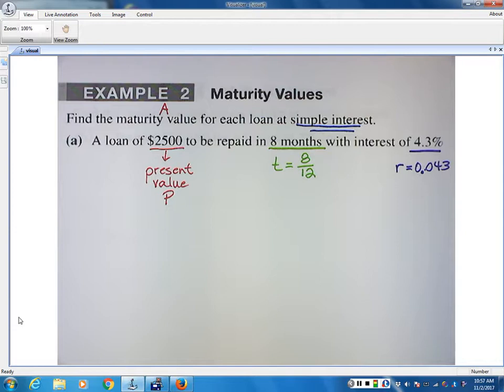So now we're ready to actually calculate the maturity value.